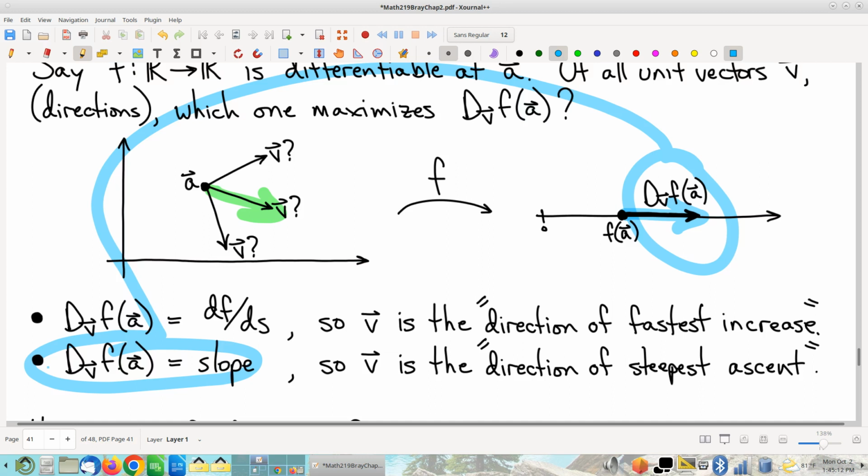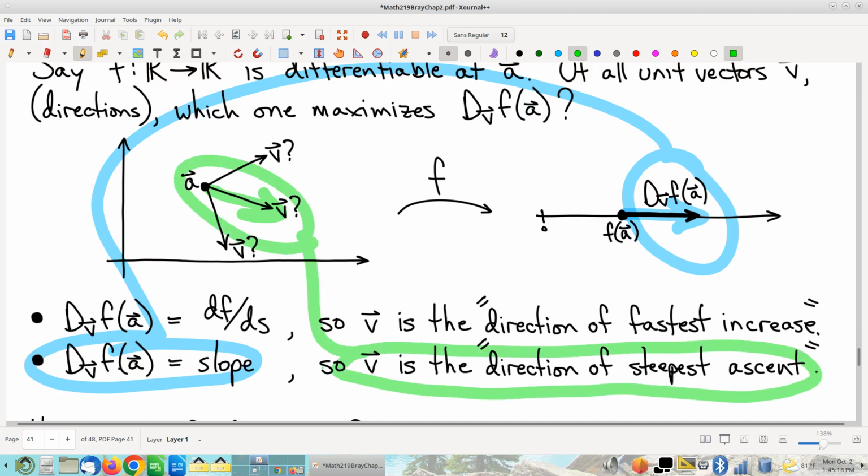And so this direction, the answer that we're looking for, whatever direction that is, if that's the direction that makes the slope as high as possible, wouldn't it be reasonable to call the direction that we're looking for here the direction of steepest ascent?